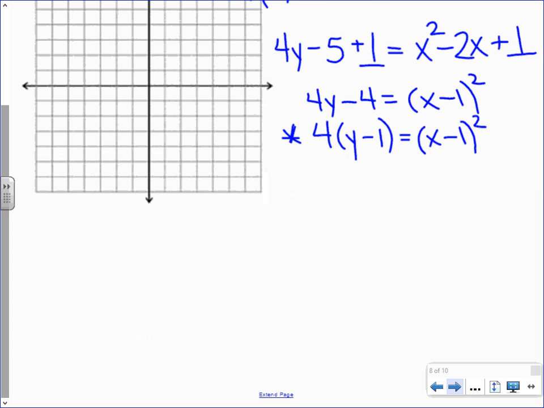Right? So, our vertex. Ryan, where would our vertex be? It wouldn't be at the origin.